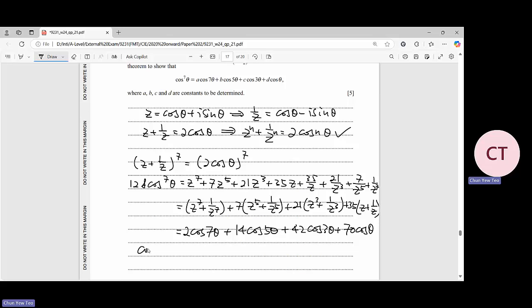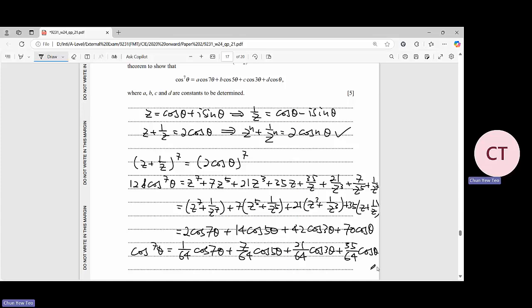I just need to divide everything by 128 because I am looking for cos to the power 7. So dividing by 128, you get 1 over 64 cos 7 theta plus 7 over 64 cos 5 theta plus 21 over 64 cos 3 theta plus 35 over 64 cos theta.